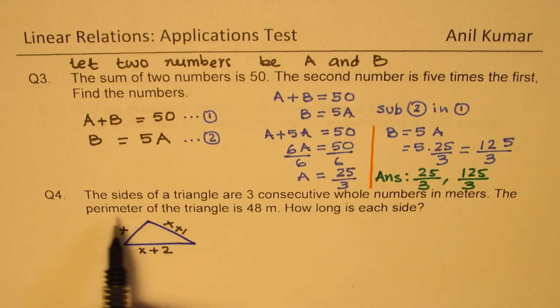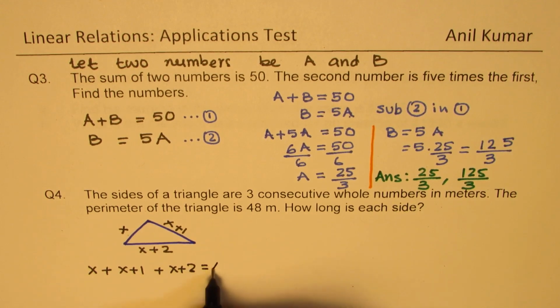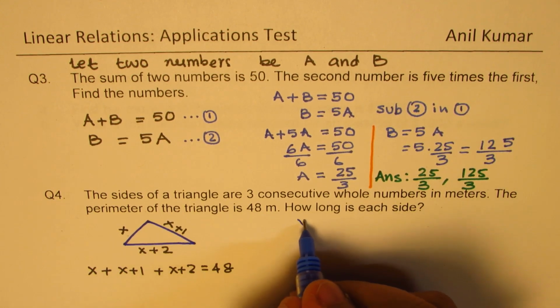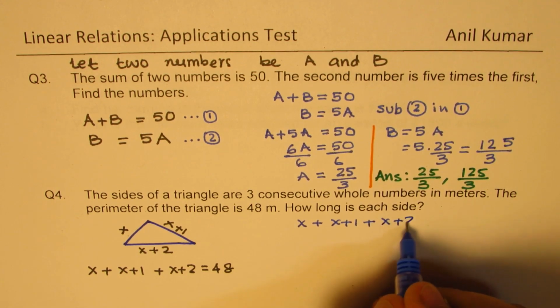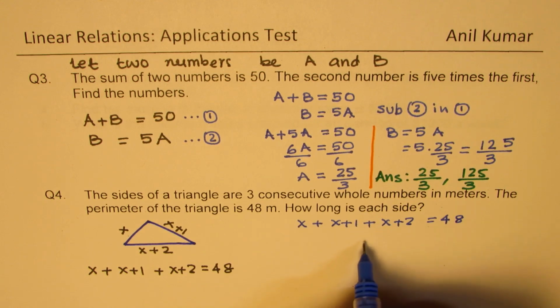The perimeter is the sum of all the sides. So we get our equation that x plus x plus 1 plus x plus 2 is equal to 48, correct? So that becomes our equation. Now let's try to solve this. 1, 2, 3 x's we have, right?